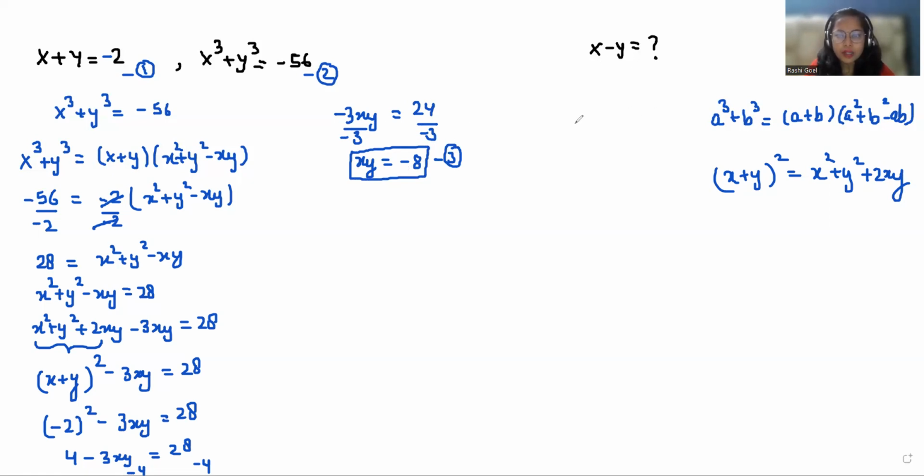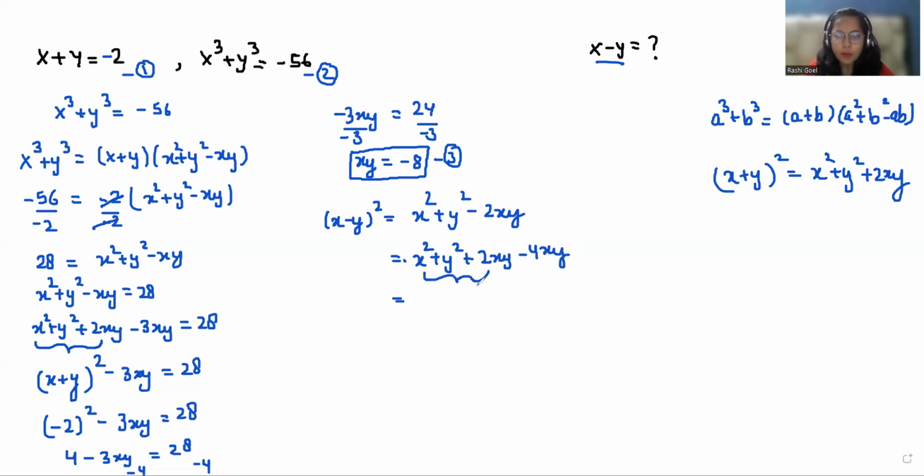Now comes to x minus y. So (x minus y) whole square, we use the identity, that is x square plus y square minus 2xy. So we can write it as x square plus y square plus 2xy minus 4xy.